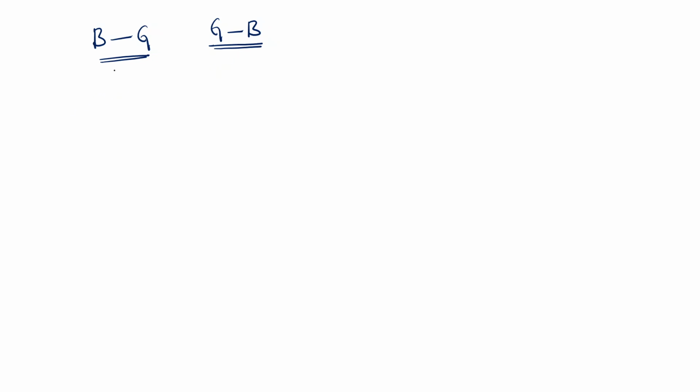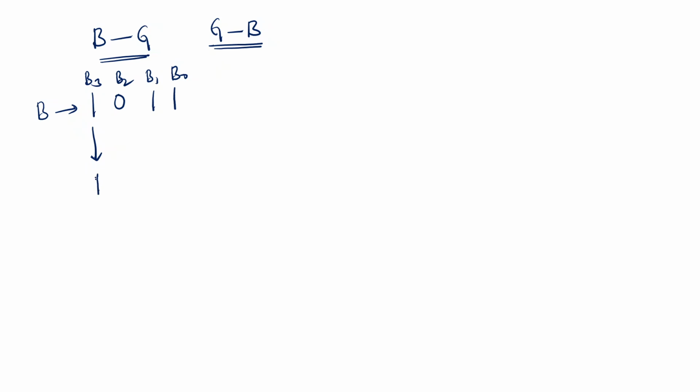How to convert binary to gray code? Let us take one value, like 1011. This is binary code. How are we converting this value? This is B0, B1, B2, and B3.